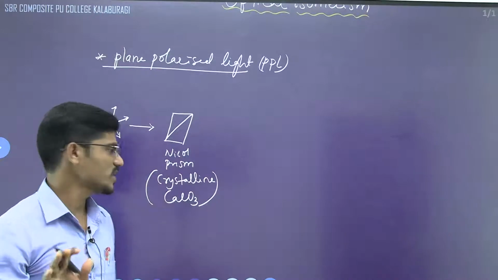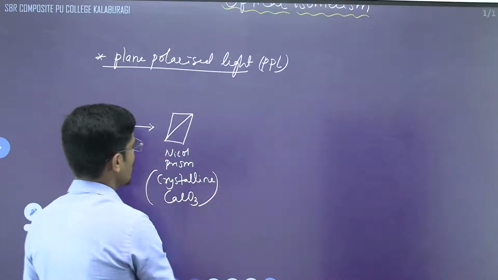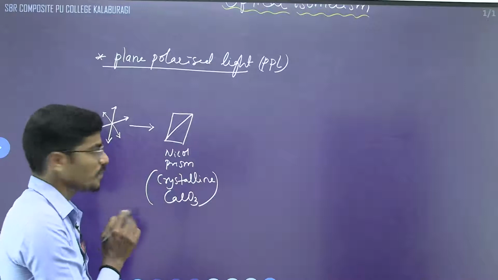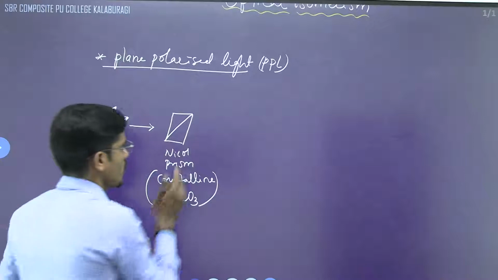Calcium carbonate preferably exists in amorphous form, but the nickel prism is made up of crystalline calcium carbonate.